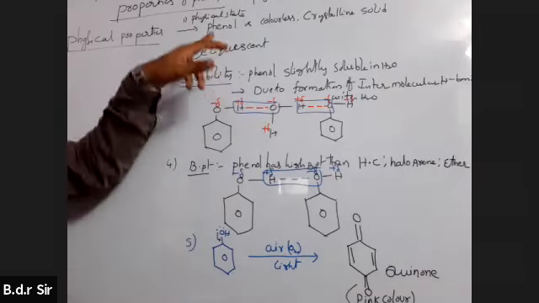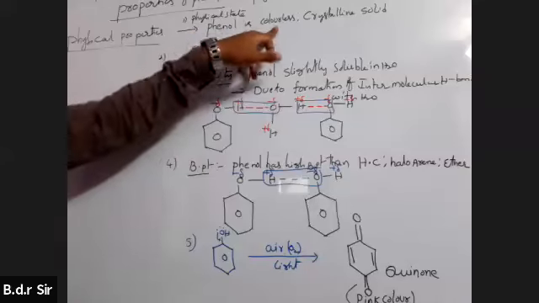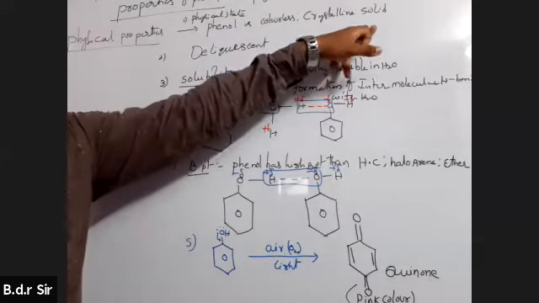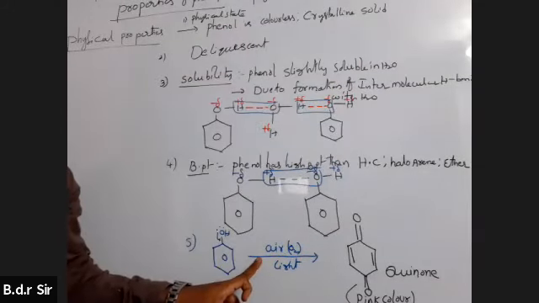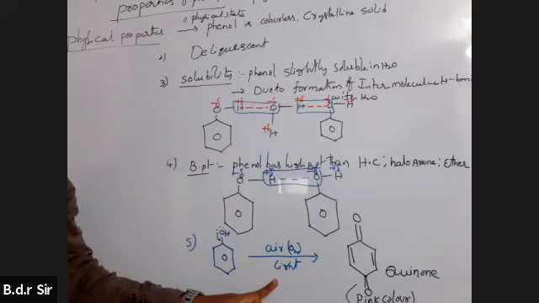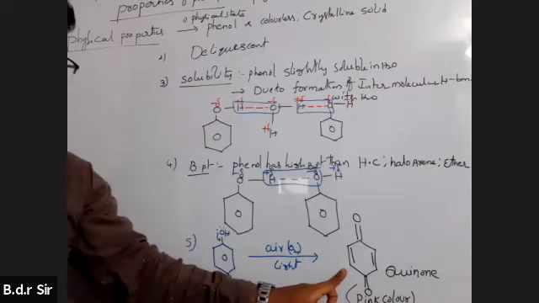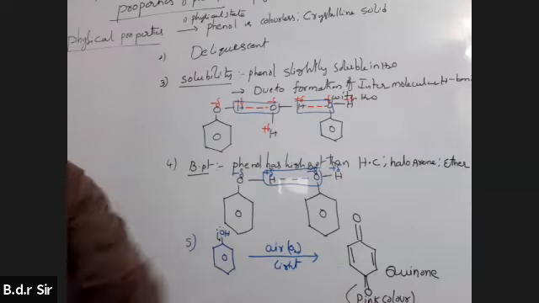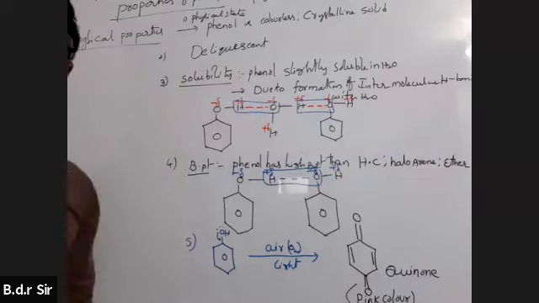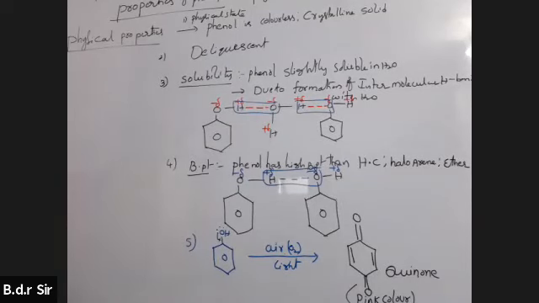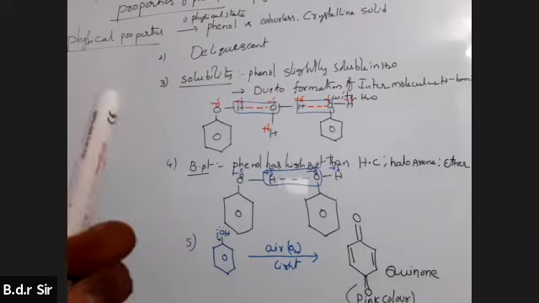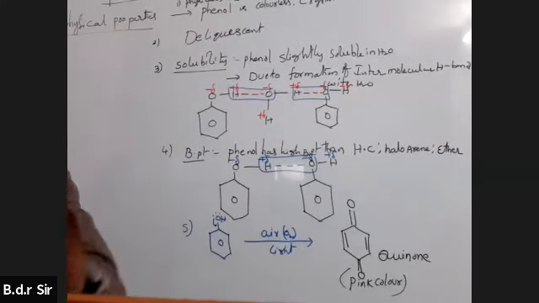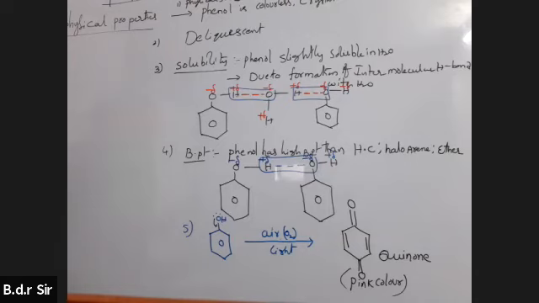Actually, original phenol is a colorless crystalline solid. When it is exposed to air in the presence of light, phenol is converted into quinone. That's why it exhibits pink color. Okay, note down firstly. Yes, double bonded oxygen.